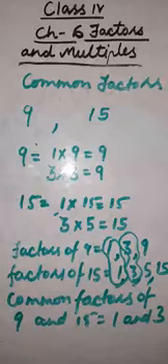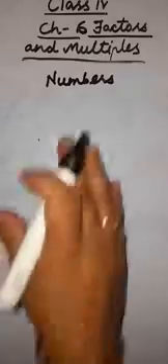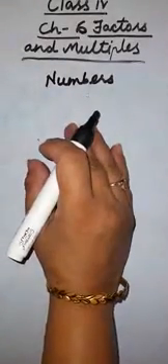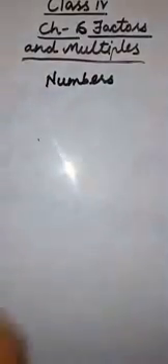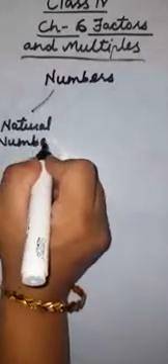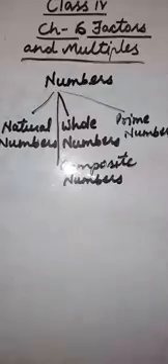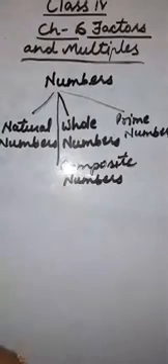Let's talk about numbers. Numbers we are dividing into 4 types, right? So, first, natural numbers, whole numbers, prime numbers and composite numbers. So let's discuss the first one, that is natural numbers. So what are natural numbers?